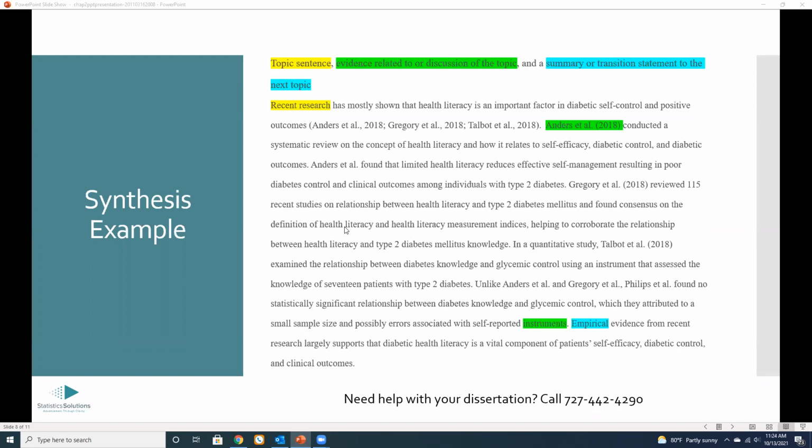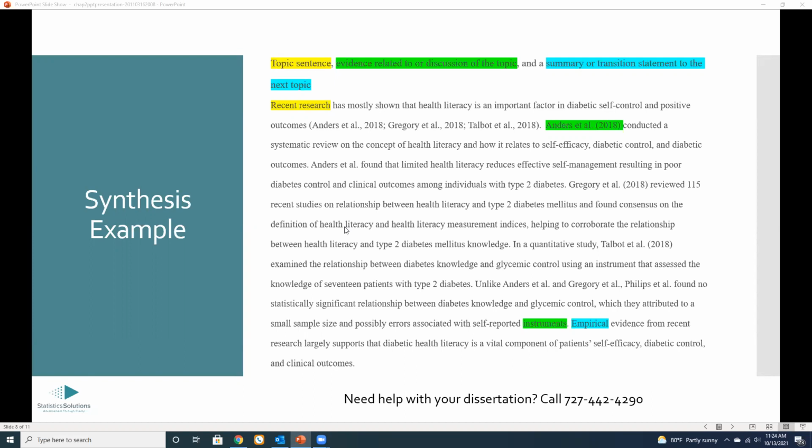And if you notice in that topic sentence, I say research has mostly, because when I get down to the third example, Phillips, where it says unlike Anders et al. and Gregory et al., Phillips et al. found no statistically significant relationship between diabetic knowledge and glycemic control.